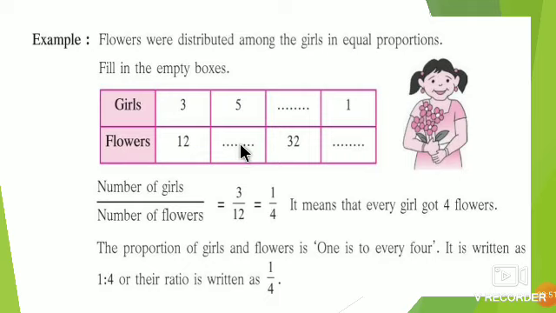So here you should write 20. Now the number of flowers is 32. So how many girls will there be? Here you have to divide 32 by 4. 4 8s are 32. So 8 girls will be there. And for one girl, how many flowers will there be? 4 only. Like this you can complete the table here.